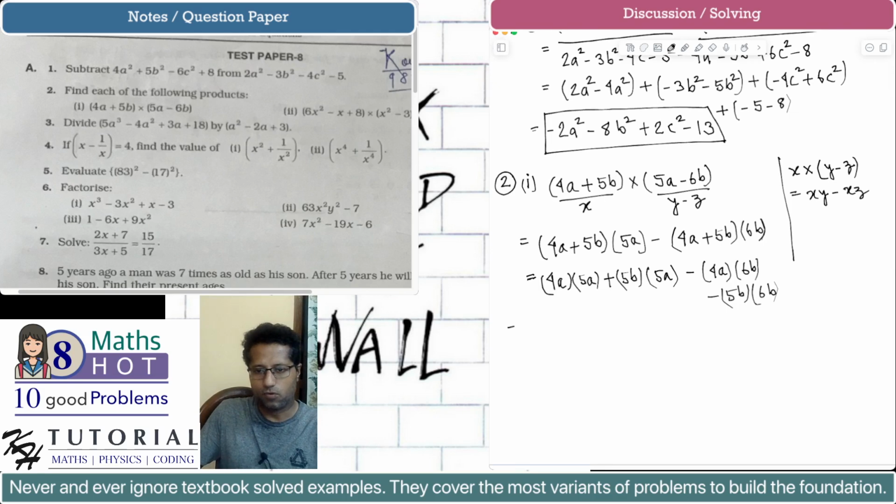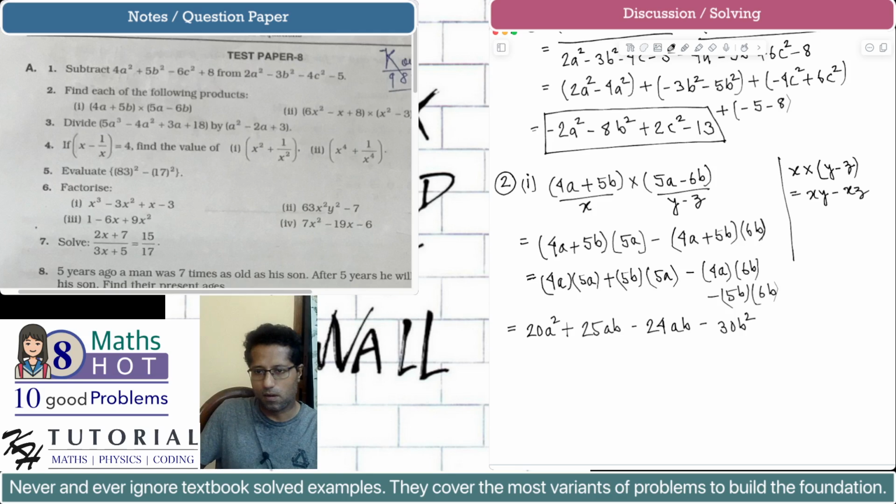Now we have to do all the multiplication of the monomials, and we get 4a multiplied by 5a is 20a square. 5b multiplied by 5a is 25ab. 4a multiplied by 6b is 24ab. And 5b multiplied by 6b is 30b square.